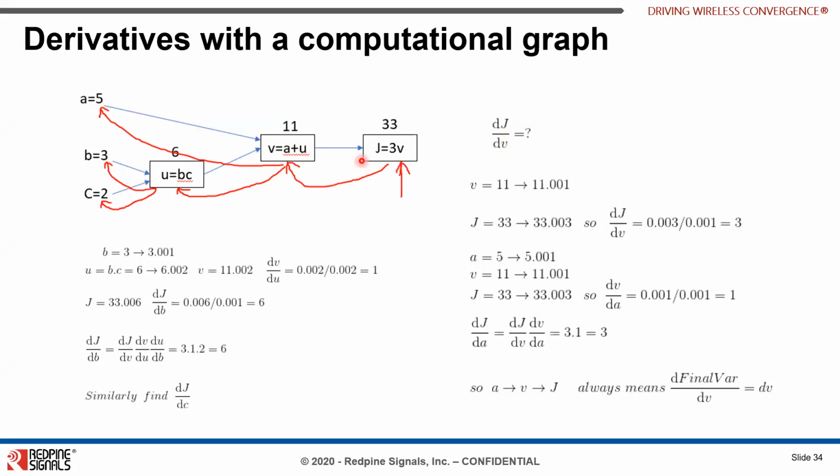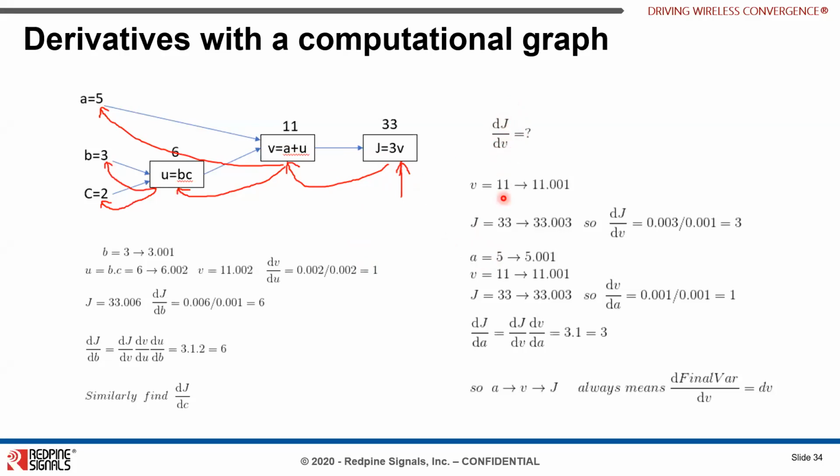dj by dv means what is the change in j with the change in v. That is nothing but dj by dv. What change in j do we see once we change v?